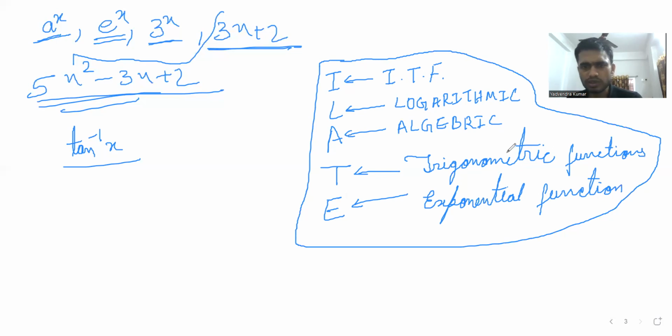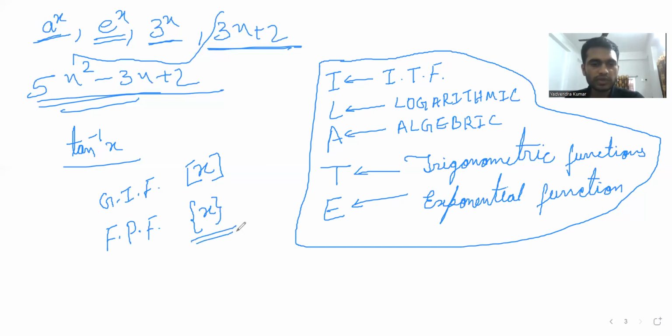Why am I saying approximate? There are many other functions which are mechanically defined, meaning we have defined them, like the GIF, the greatest integer function, and the fractional part function, which is in curly bracket.